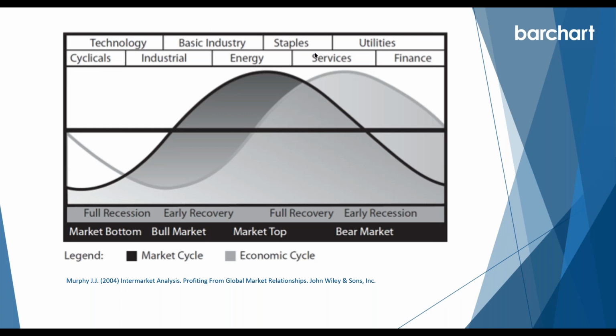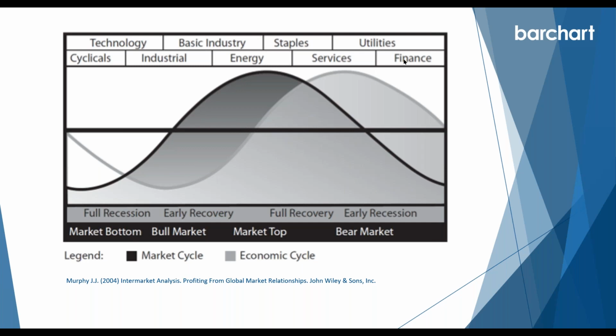So staples and services are the ones that are going to outperform as the economic cycle reaches its top, but as our bull market starts to move to a bear market. And then as both of these cycles turn down, there'll be a shift to utilities and financials.